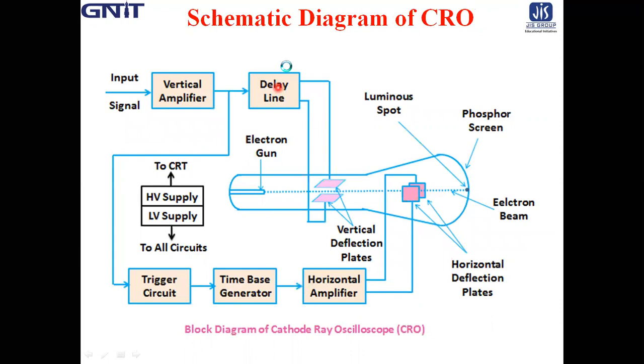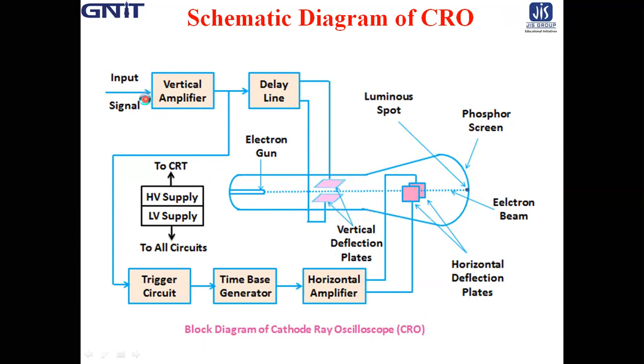This is the schematic diagram or block diagram of CRO. It consists of three main sections. One is the horizontal and vertical voltage amplifiers, then the power supply circuits, here high voltage or low voltage power supply, and the main part, that is the cathode ray tube, or CRT.